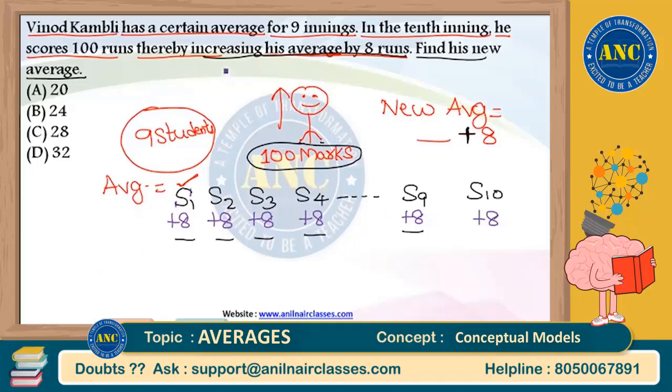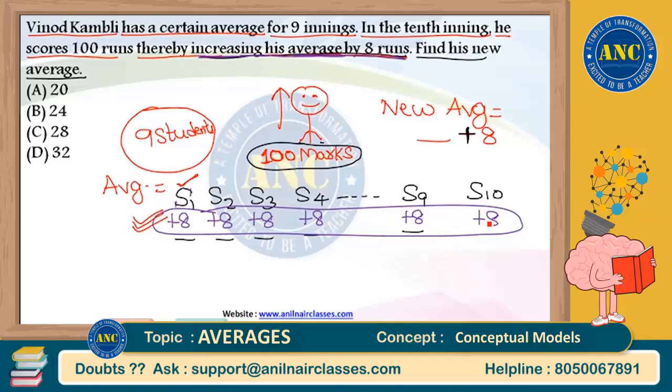That means, can I say that average increases by 8 marks means the total will increase by 8 into 10 people, which is 80 marks. Out of the 100 marks that the 10th student is bringing inside the class, he distributed 80 marks to all the 10 students, including him.